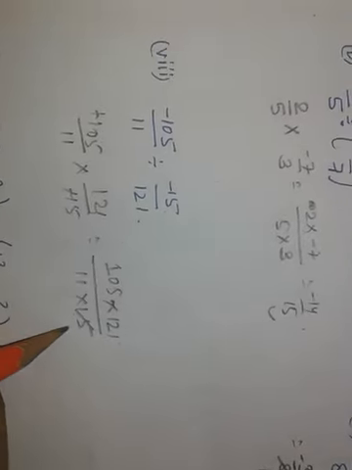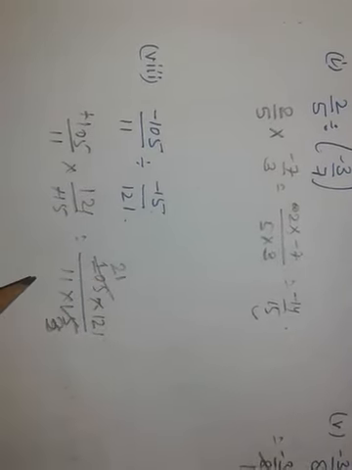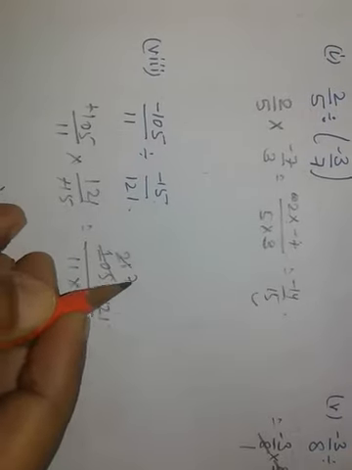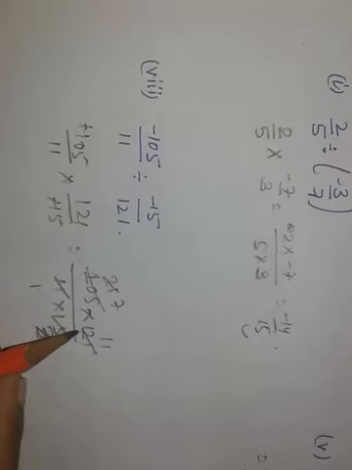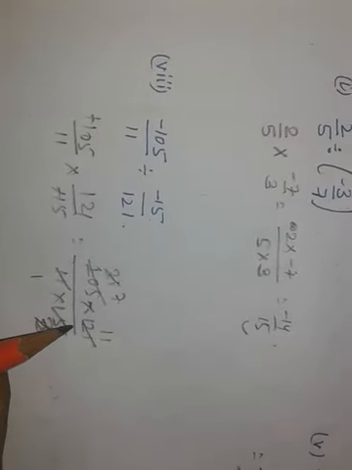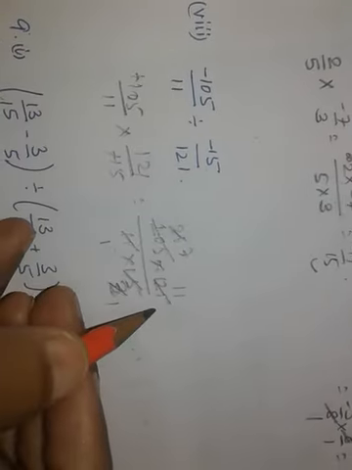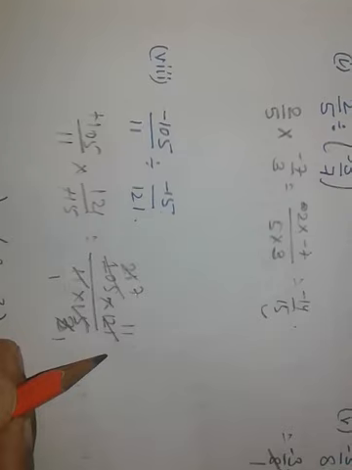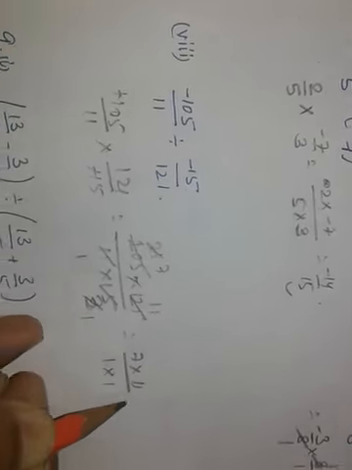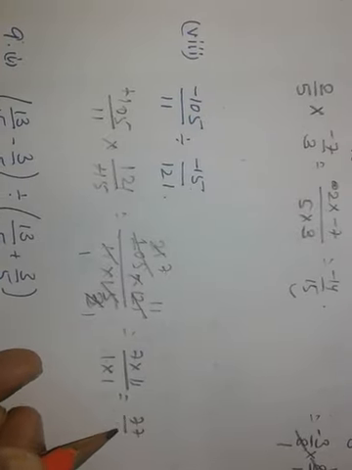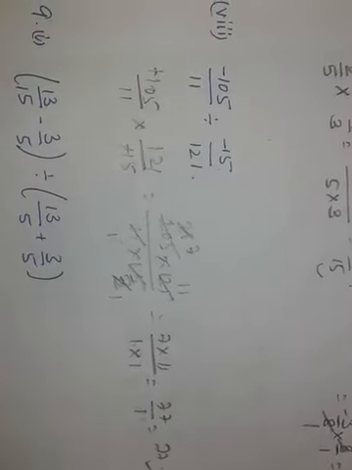When you go with the table of 5, 5 threes are 15, 5 twos are 10, 5 ones are 5, 3 ones are 7. 11 ones are 11. When you divide 11 by 11, how do you get it? 11 ones are 11, 1 is left, then again a 1 comes down and becomes 11, 11 elevens. So what do we get here? 11 into 7, because 1 into 1, that is 77 by 1, that is 77 itself only.